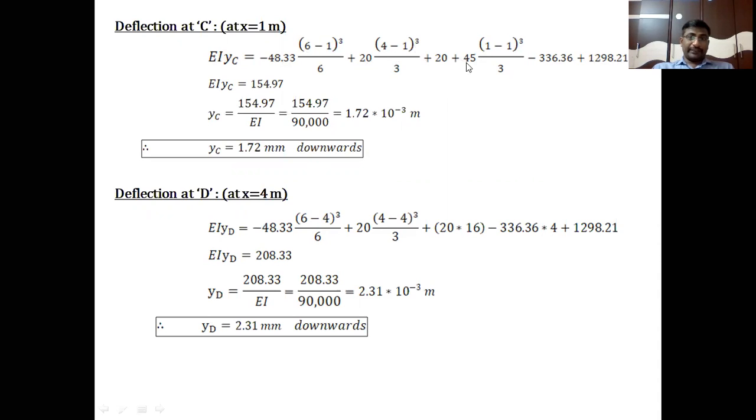So after calculating the total value on the right hand side, we will get 154.97. It is all the constant values, 154.97. Therefore, YC is equal to 154.97 by EI. EI is the flexural rigidity, which is given in the problem as 90,000.